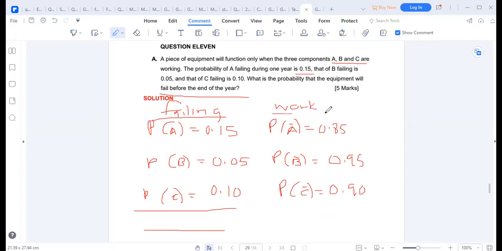Sorry to disturb, sir. How do you know if an event is independent and mutual? Okay. Any other question as well? I wanted to find out, you mentioned that if the machine is supposed to work, all the three components must work.